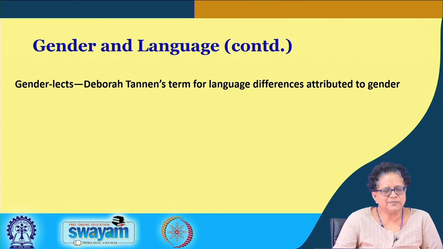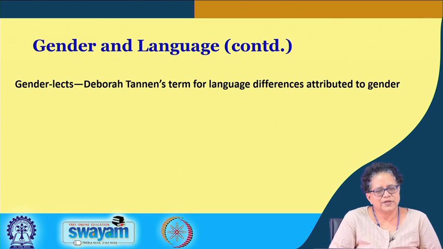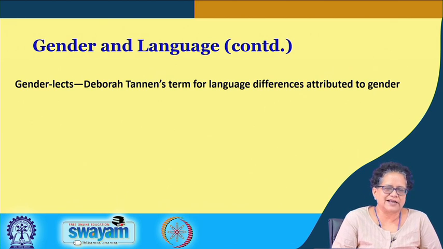So, let us move further, and we have here Deborah Tannen, a researcher in language and language use. She has coined a term called genderlects, and this is her term for language differences attributed to gender.